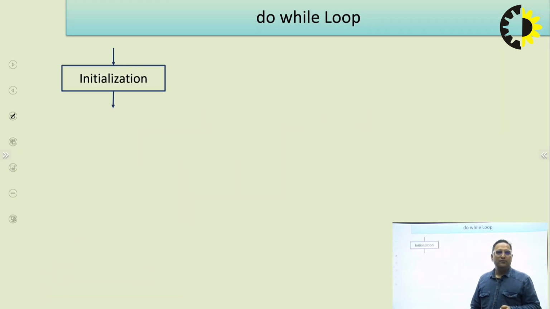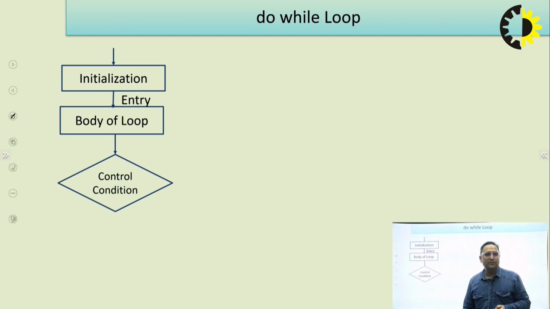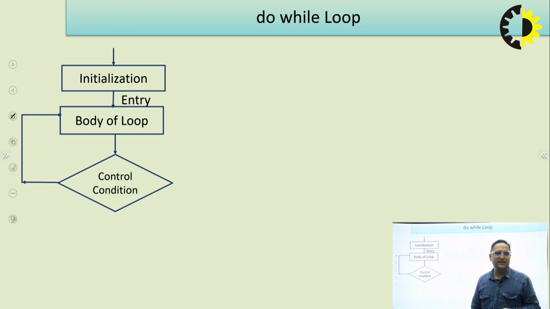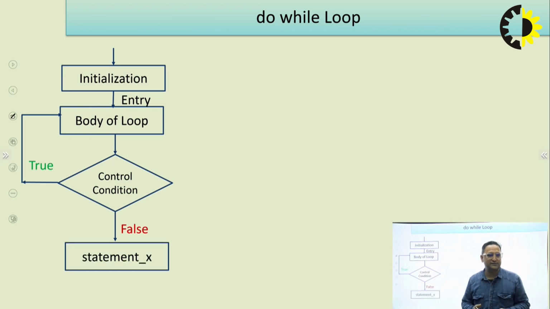Now the do while loop is a special type of loop. It is doing the same thing, executing the program iteratively until the condition is met. But the catch with this loop is that it executes the body at least once.